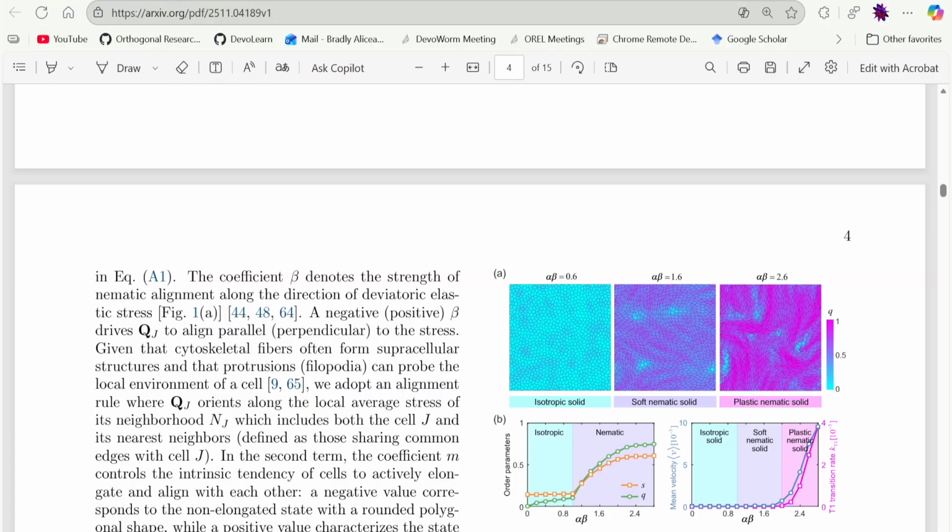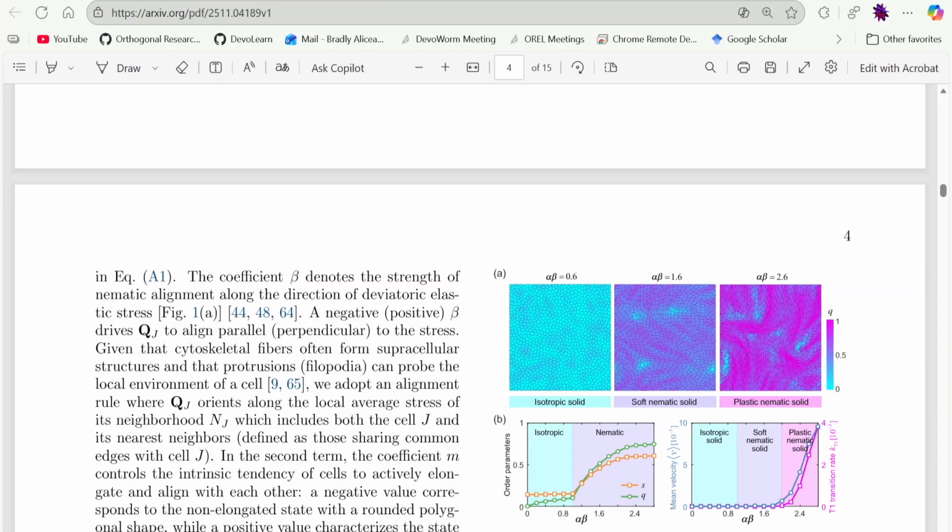A negative or positive beta drives Q_J to align parallel or perpendicular to the stress. And so that means that, depending on this beta factor, it determines sort of the orientation of this nematic order, because you're getting a response to the orientation of the stress, and it's aligning itself appropriately.